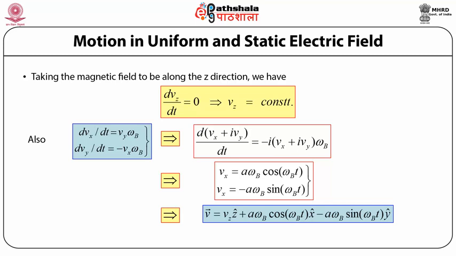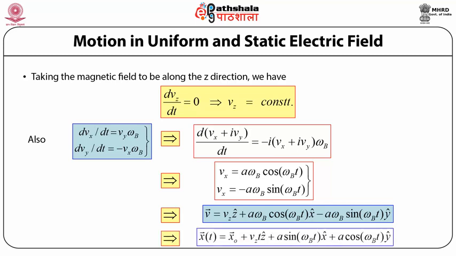So on integrating, we obtain x of t equals x naught plus vz t into z cap plus a sin omega B t into x cap plus a cos omega B t into y cap.